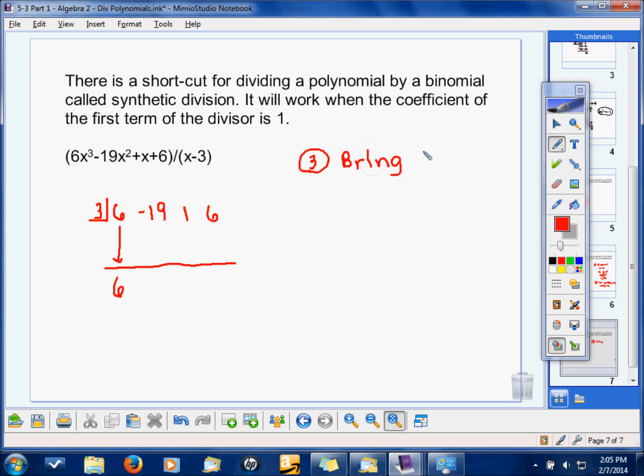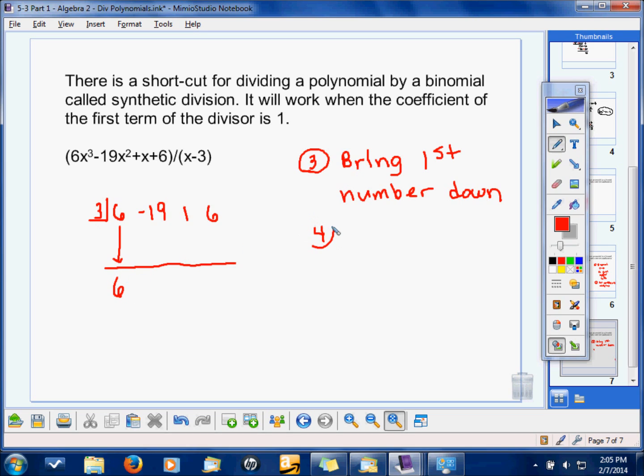Bring the first number down. Okay, once you get good at this, it's a very, very fast process. All right? Then you're going to multiply the number in the box times the number you brought down.